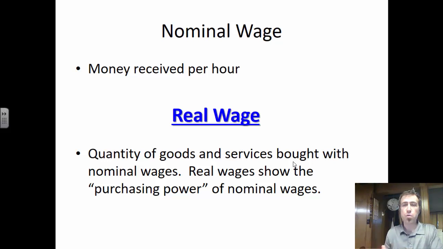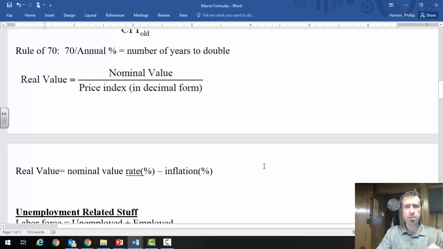If you look under the macro formula sheet, just above the unemployment related stuff, you'll see real value. There are two real value formulas. It could be real value of GDP, or real value of wages. If you're trying to find the real value of wages and you have the nominal value of wages, divide it by the price index, the CPI, and you can find the real value.